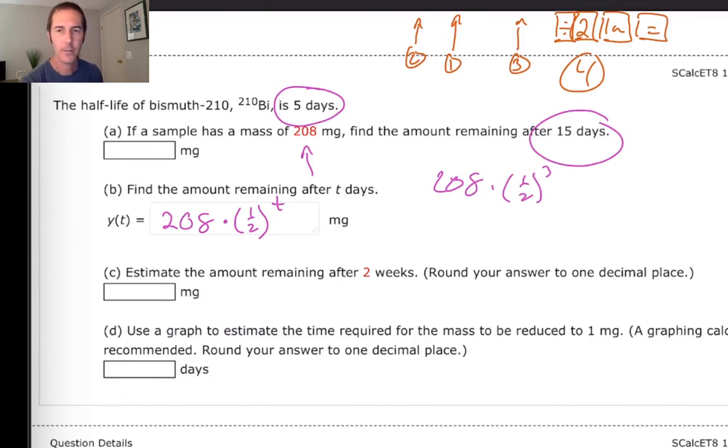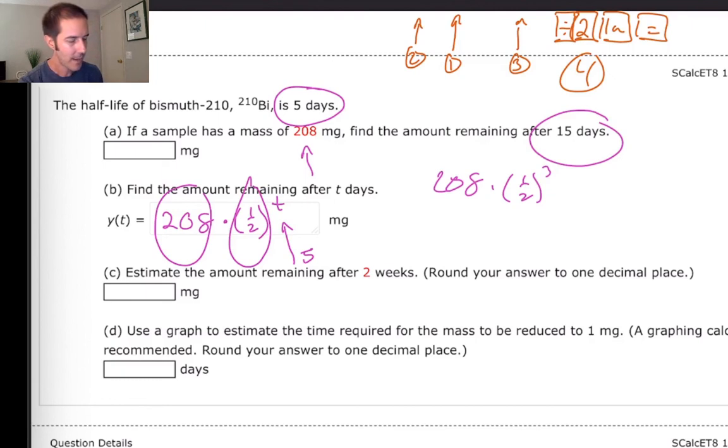After 5 days, you should only have half of your original amount remaining. If I take the number 5 and put it in there as an exponent, I'm going to be taking the number 208 and multiplying it by 1/2, and then times 1/2, and then times 1/2. I'm going to end up with a 32nd of my original amount instead of 1/2 of my original amount. So we can't just use an exponent of t.